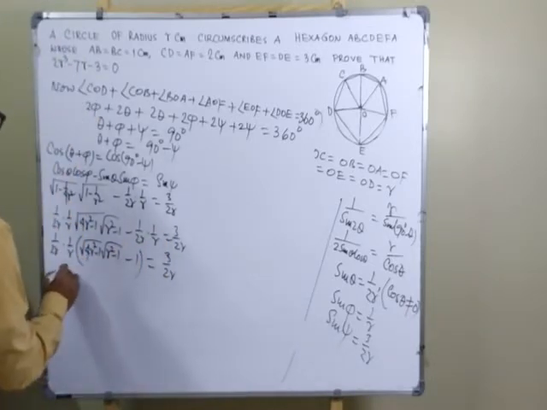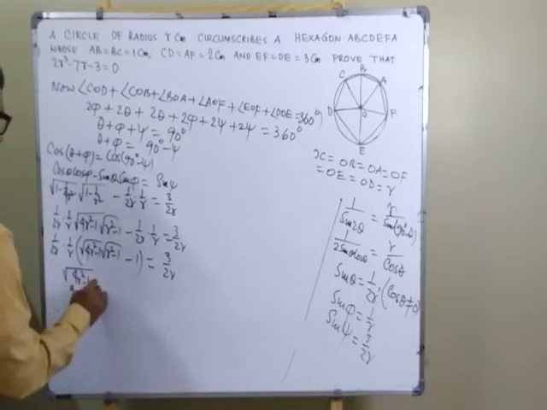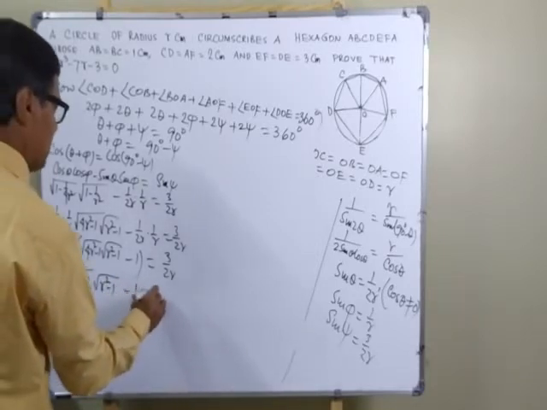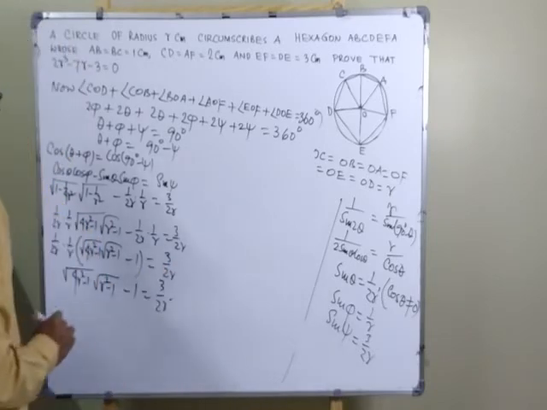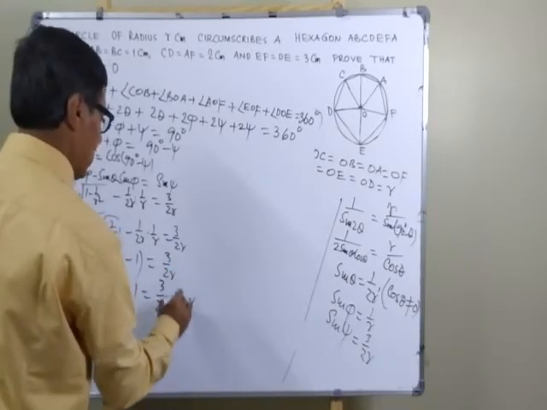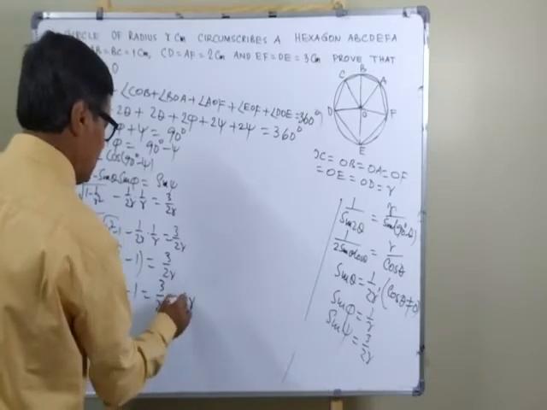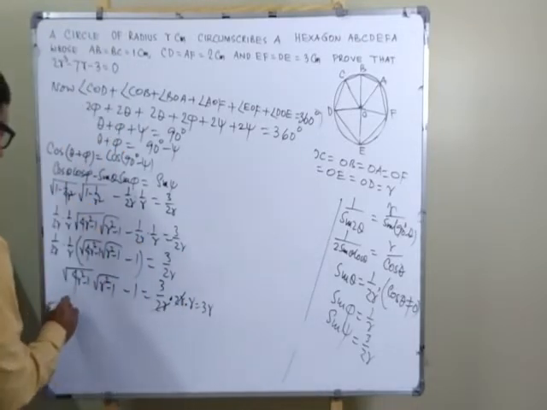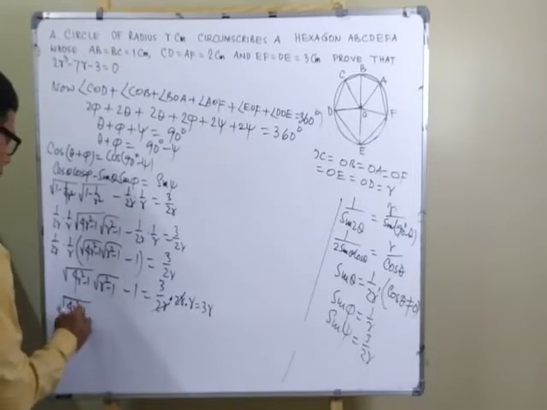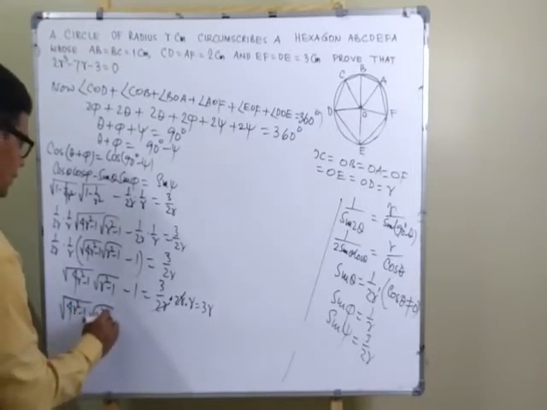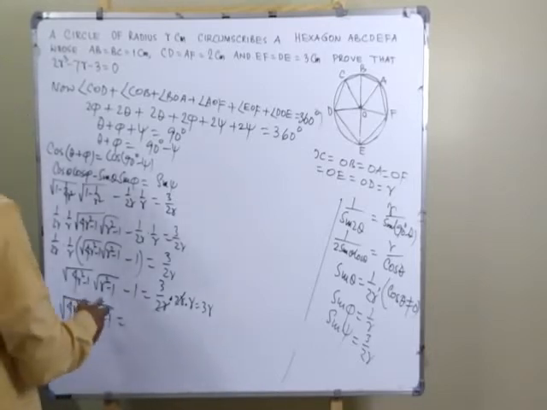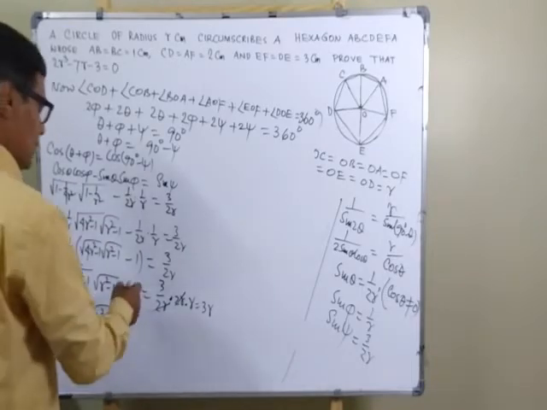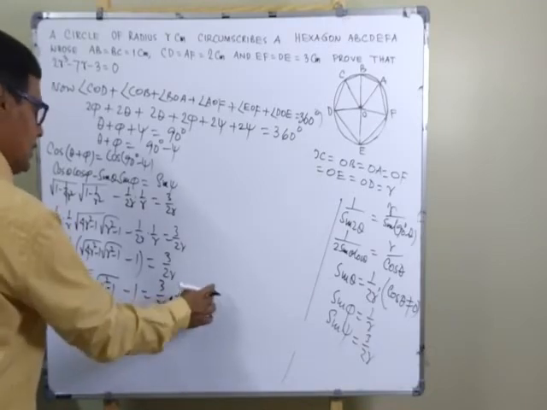So we can write root of 4r square minus 1 multiplied by root of r square minus 1 is equal to 3 over 2r multiplied by 2r multiplied by r, and these 2r are cancelled out, so this is equal to 3r.